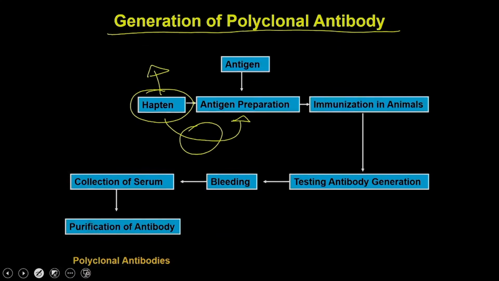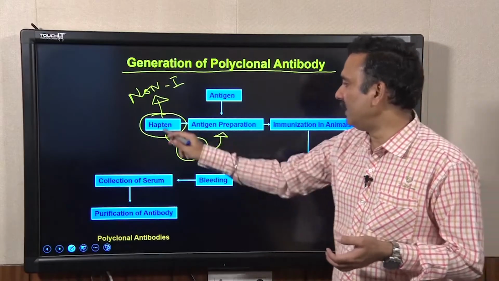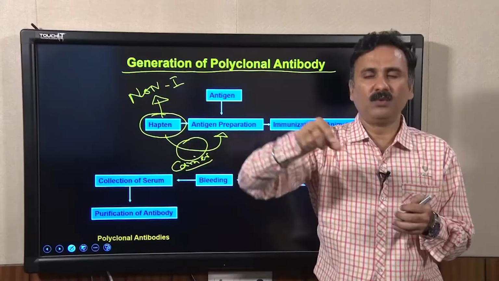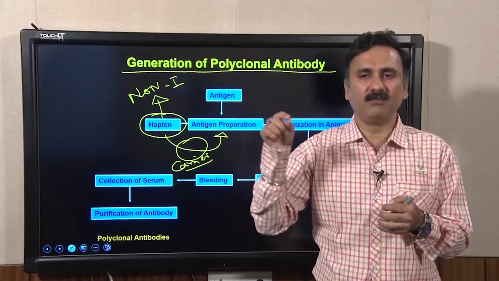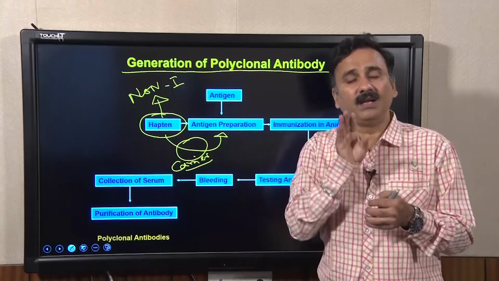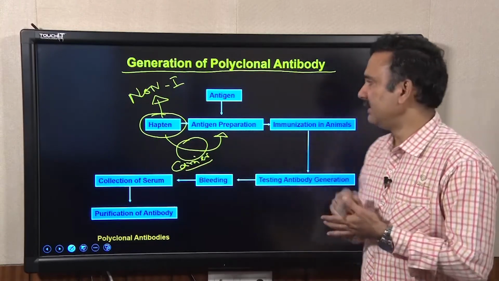Haptens are the non-immunogenic ones, so you have to convert them into immunogenic antigens simply by adding a carrier protein so that their size goes up, because haptens are non-immunogenic due to their small size. You tag them to a carrier protein such as KLH or BSA or any other immunogenic carrier protein, so that they will cause the immune response.